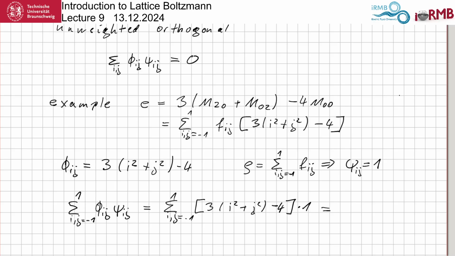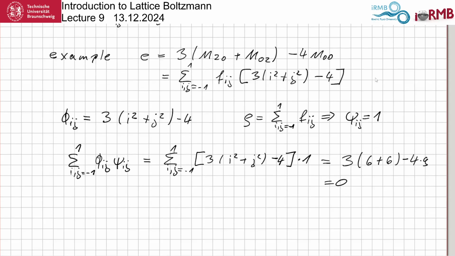Now you can do all of this, then you get 3 times 6 plus 6 minus 4 times 9, and this is equal to 0. So we are successful in showing that these two vectors are unweighted orthogonal.